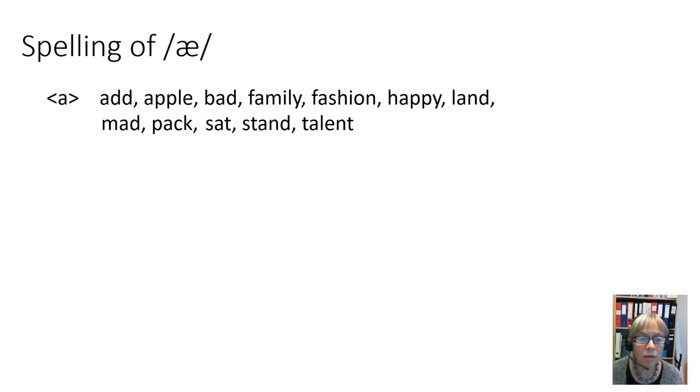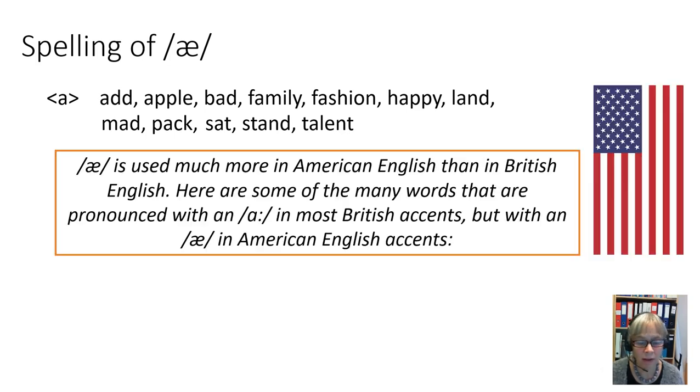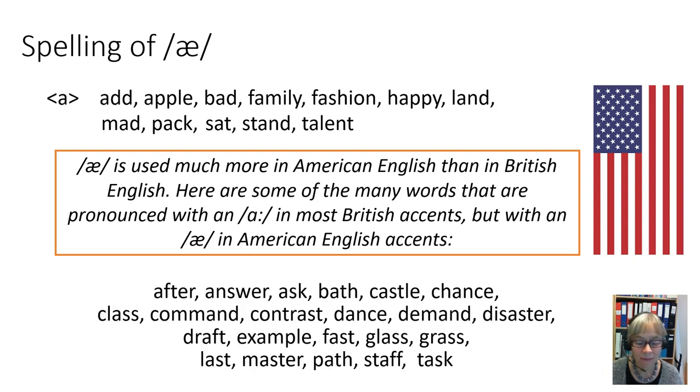A is very often spelled with A, such as in add, apple, bad, family, etc. Note how A is used much more in American English than in British English. And here are some of the many words that are pronounced with an ah in most British accents, with an A in American English accents.